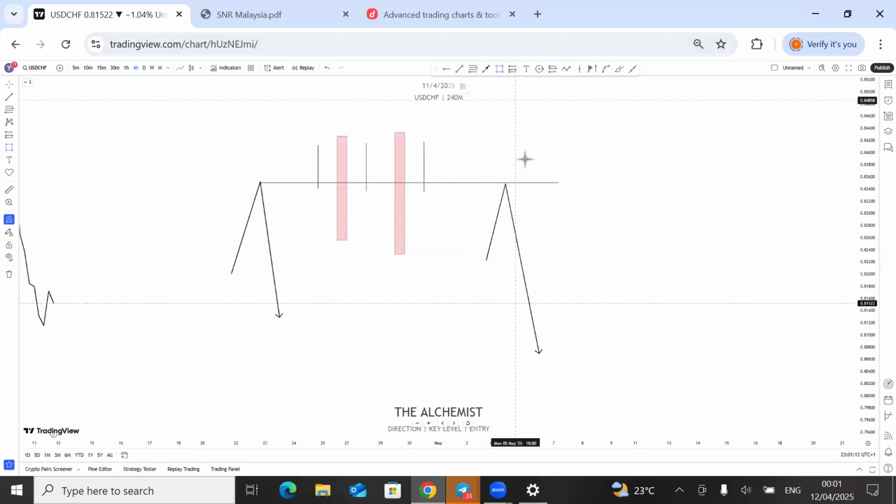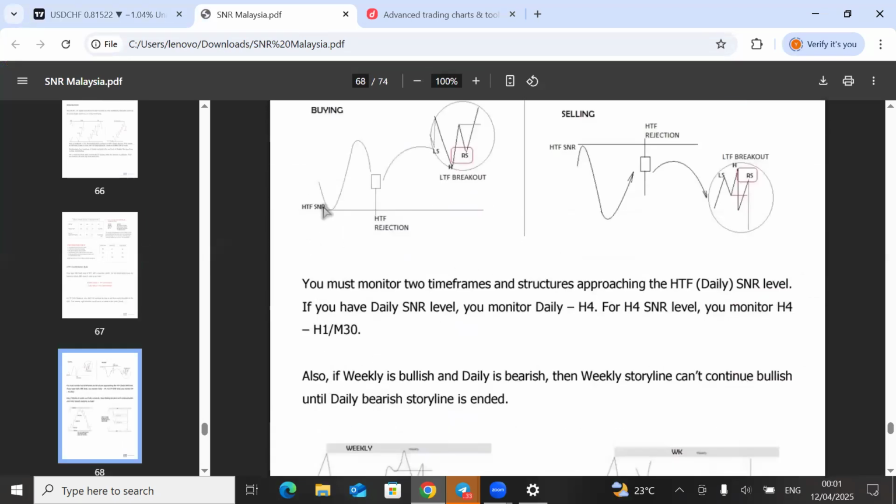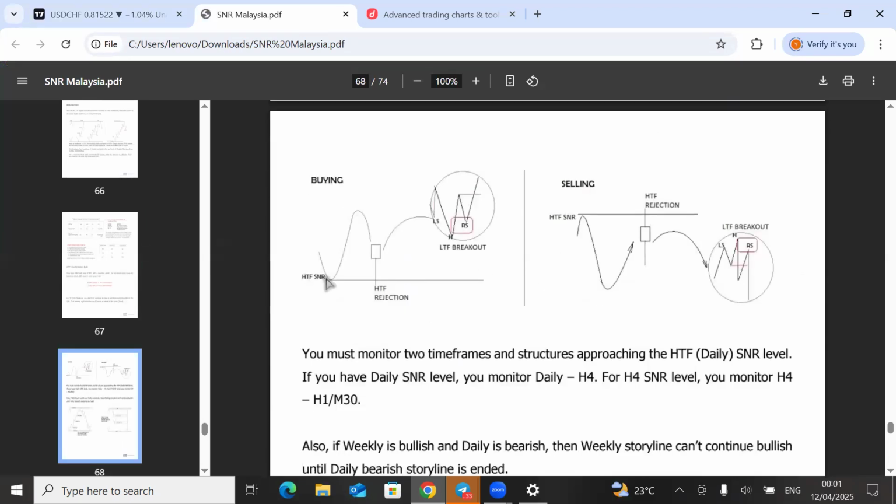You want to see a tap into the key level like this with the wick, sorry. Price taps with the wick and closes below. Everything is in this PDF here. It's your higher time frame SNR. What happened? We have a higher time frame rejection, price came, tapped into the key level, then gave us this rejection to the upside.